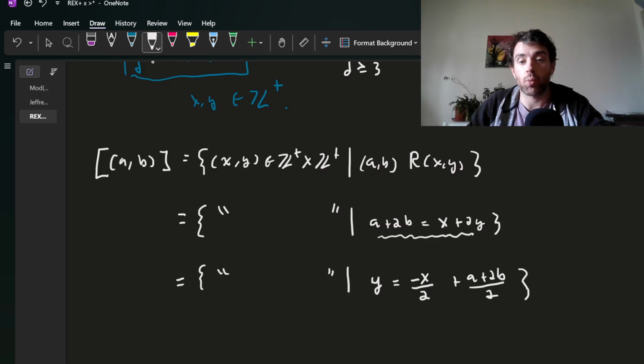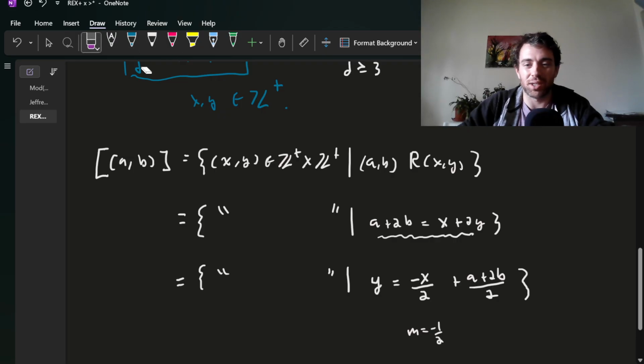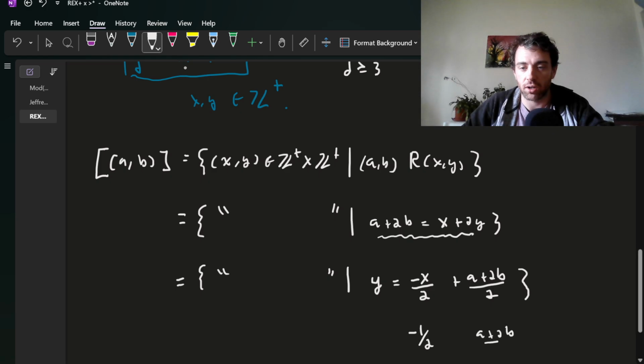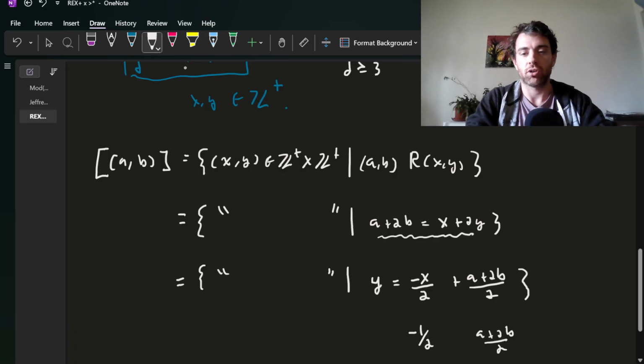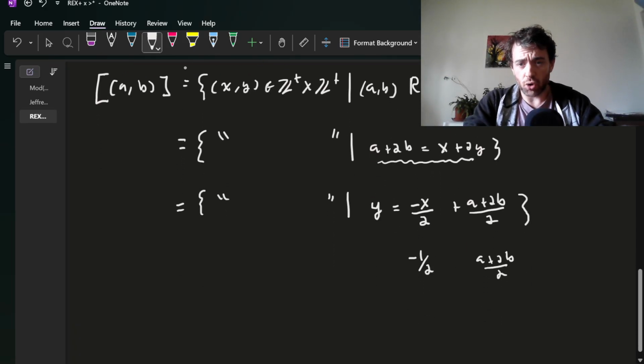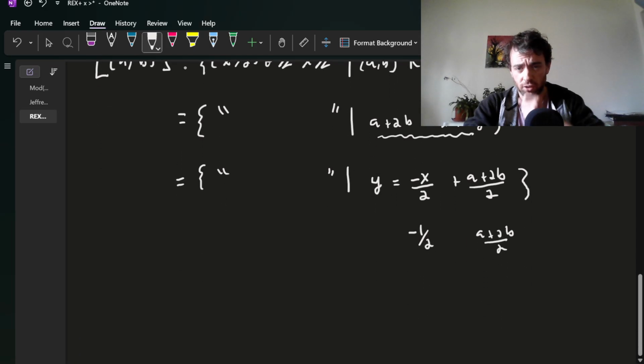So in terms of our y equals mx plus b form, our m is minus 1 over 2, and I don't really want to write b because we're already using b for something else, but the slope would be minus 1/2, and the y-intercept would be this term, right?